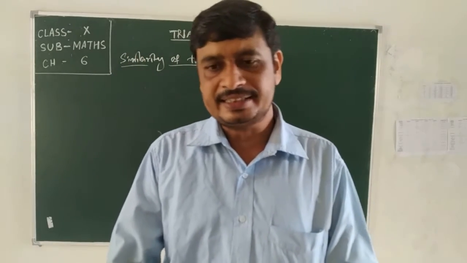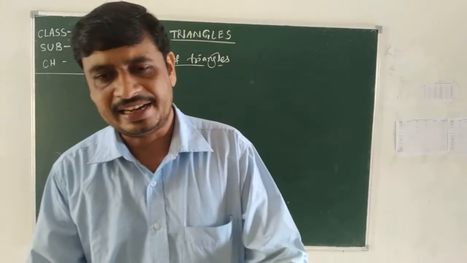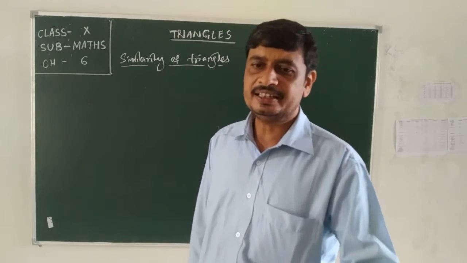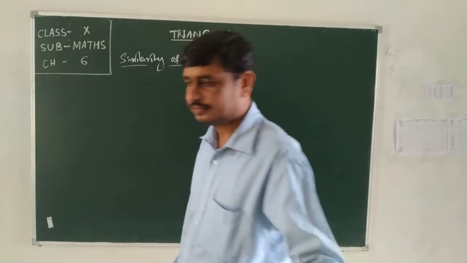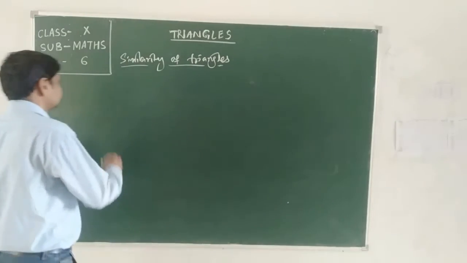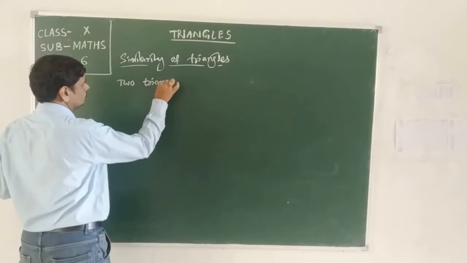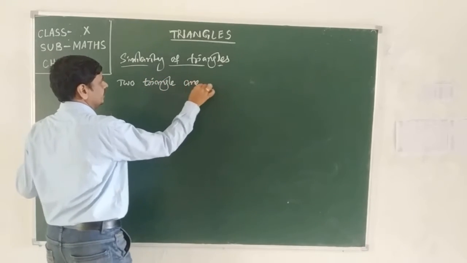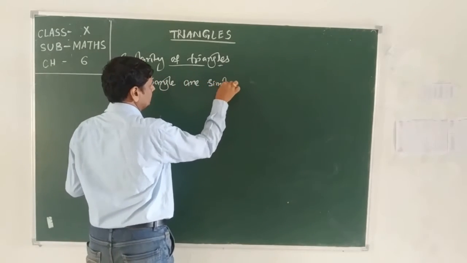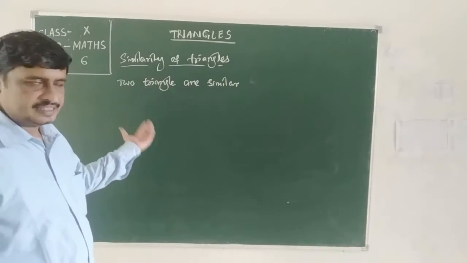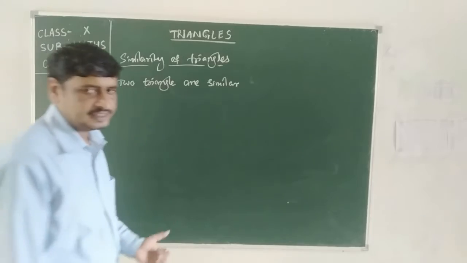Here, two triangles are similar if their corresponding angles are equal and their corresponding sides are in the same ratio. Two triangles are similar if two conditions are there.